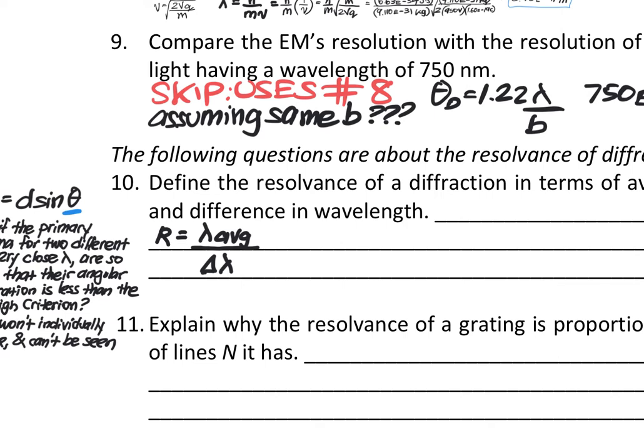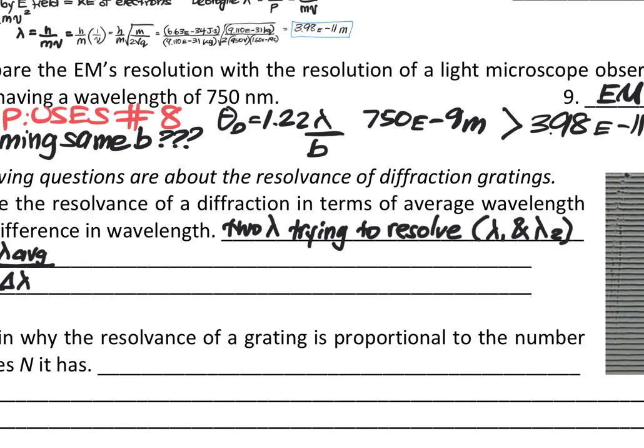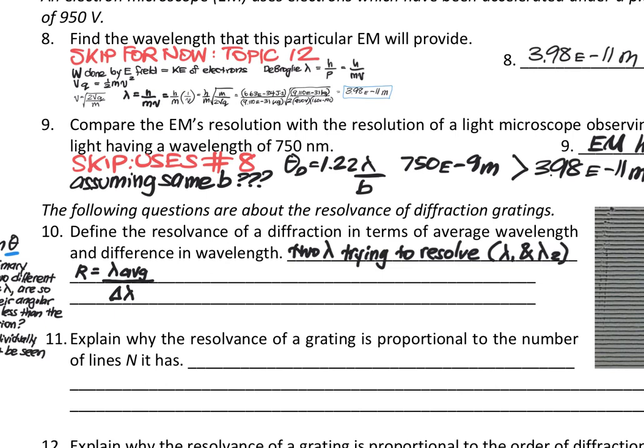If I have two wavelengths I'm trying to resolve, lambda 1 and lambda 2, then in the formula lambda over delta lambda, delta lambda is the difference between these two wavelengths.